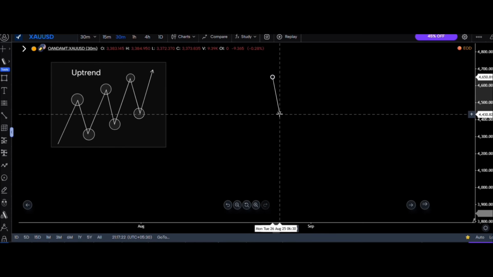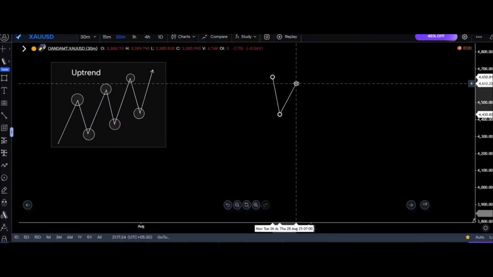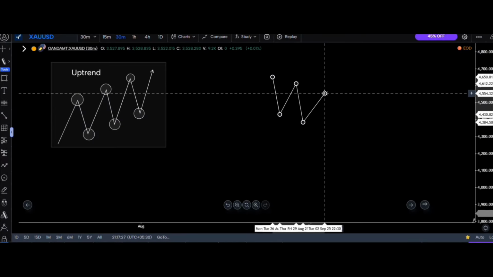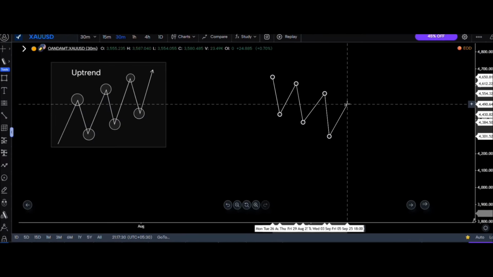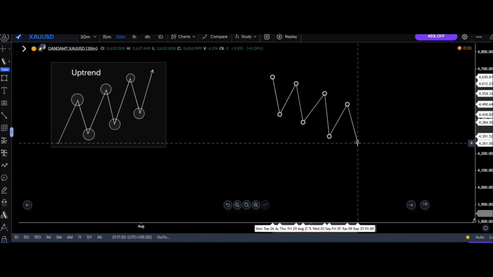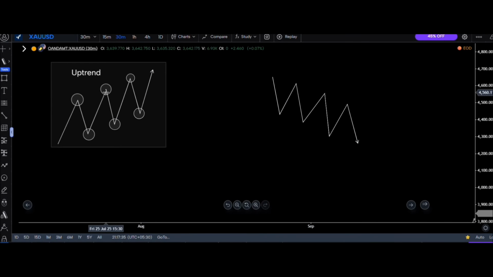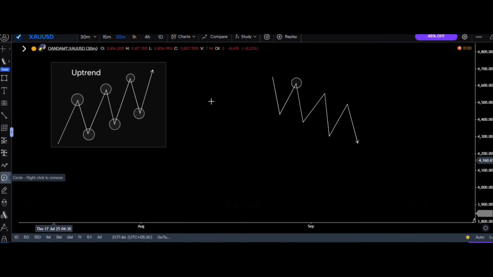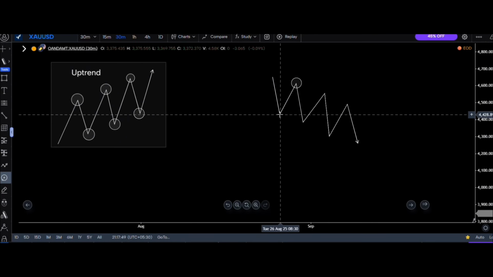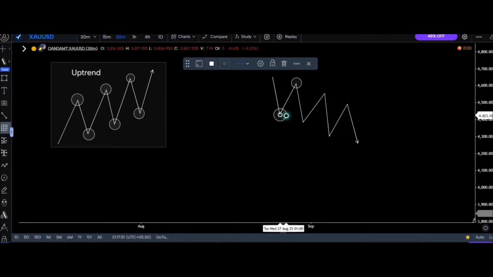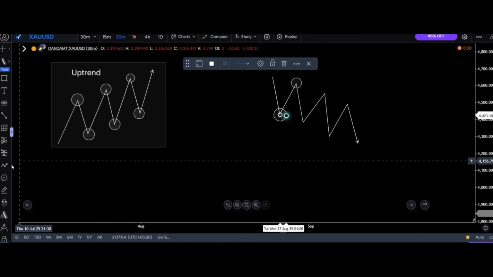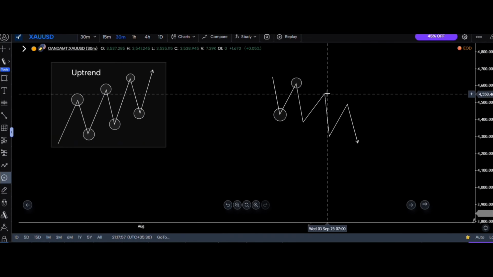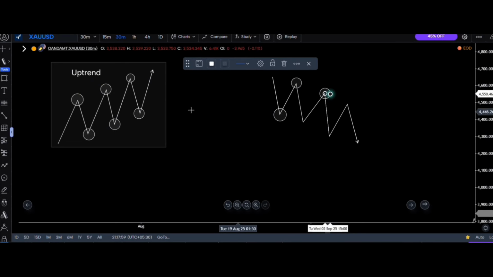Here we have lower low, lower high, lower low, lower high, lower low, again lower high, and lower low. Let me mark these highs and lows. Here, this is our lower high. This is lower low. This is again lower high.